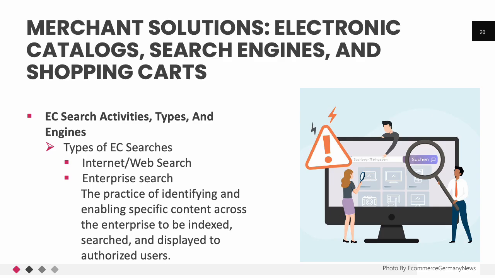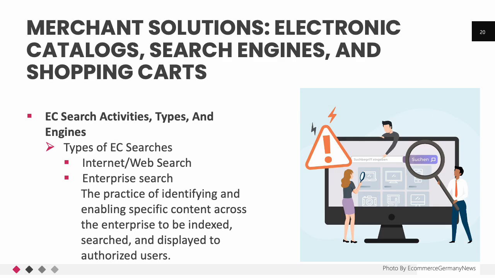Next, search activities, types and engines. Why does search matter in e-commerce? Imagine you walk into a giant store with no signs or aisles, you'll never find anything. So online shops use search tools to help customers discover products instantly.